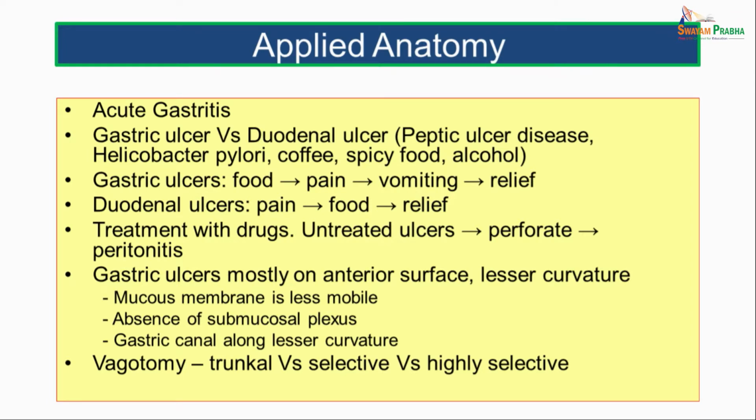A characteristic treatment for these ulcers was in the form of vagotomy surgeries, wherein there was a surgical ligation done to the vagus nerves. There are three types of vagotomy procedures: truncal vagotomy, selective vagotomy and highly selective vagotomy.